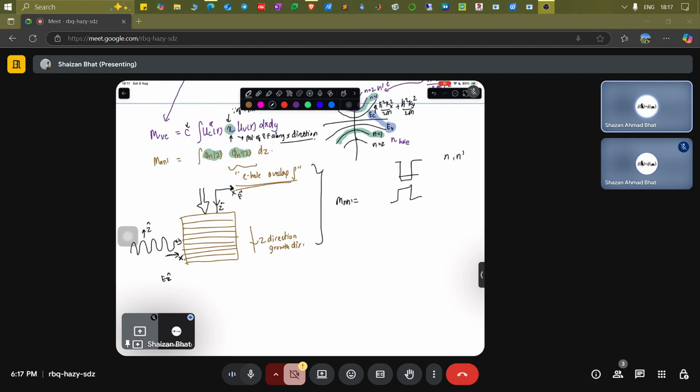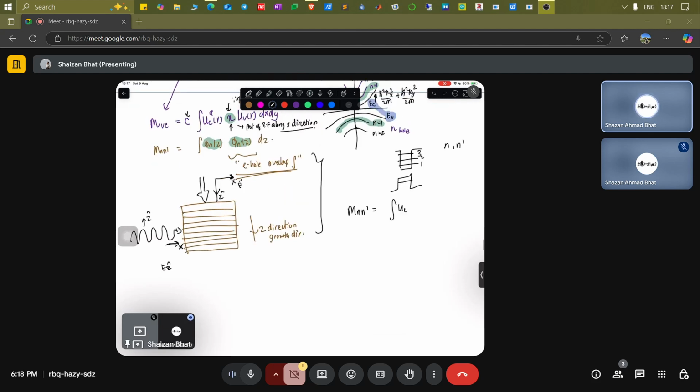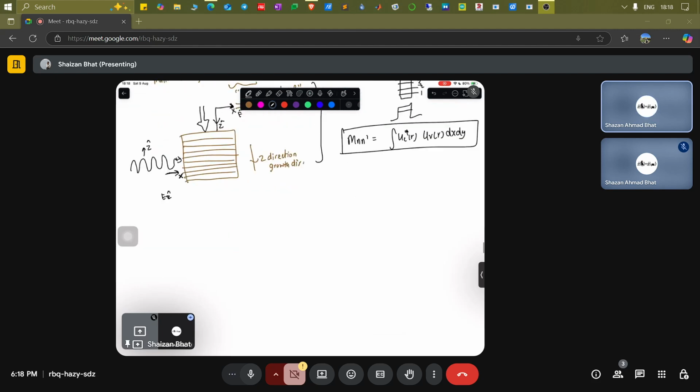If you know the wave functions in two different subbands, say subbands 1, 2, 3, you can compute m n dash, which is basically this integral, the integral of uc star(r) uv(r) dx dy. You can compute this integral and thereby compute the matrix element.